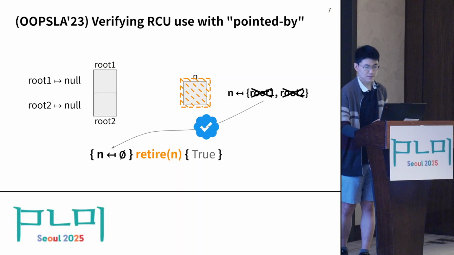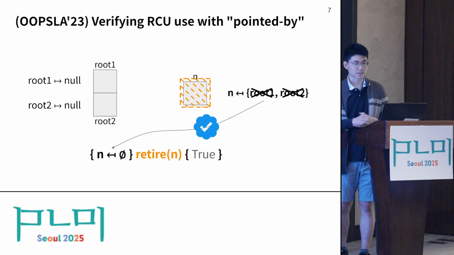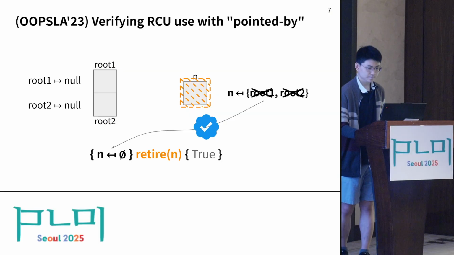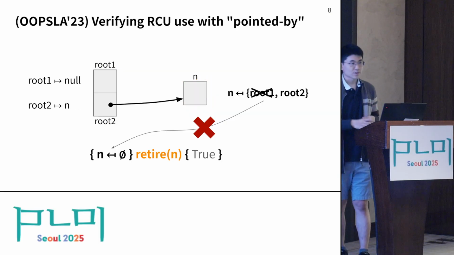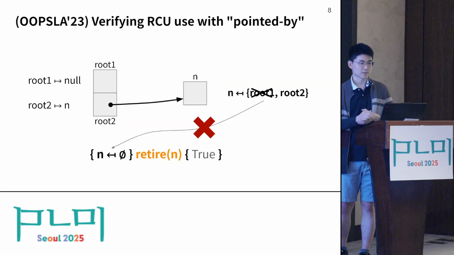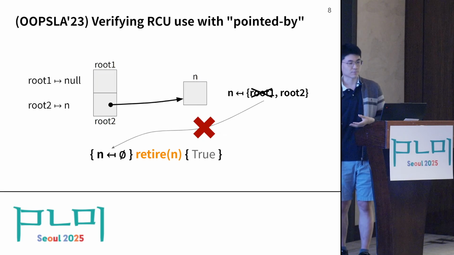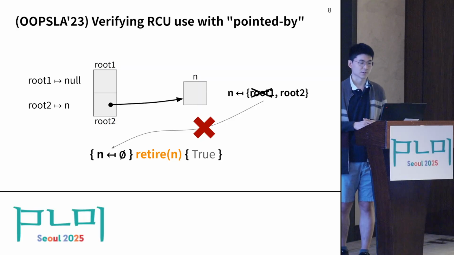In the current state, we can satisfy this precondition, so it's verified that it's safe to retire n. But in the bug example we saw a while ago, root 2 is still inside the pointed-by set. So the proof is going to fail, which means that we're going to catch the bug while we're trying to prove the code.